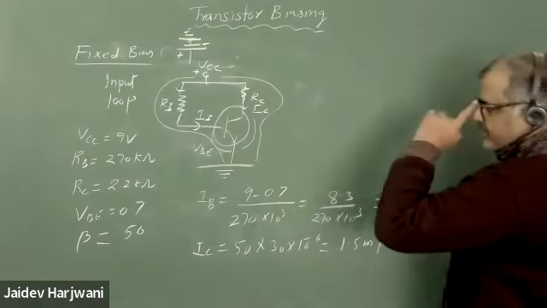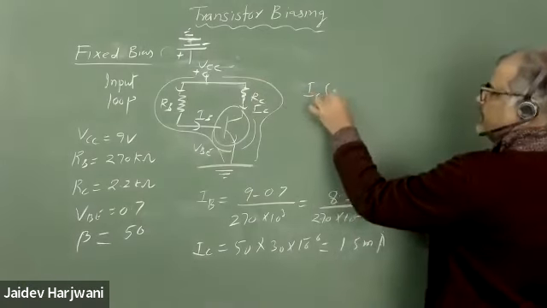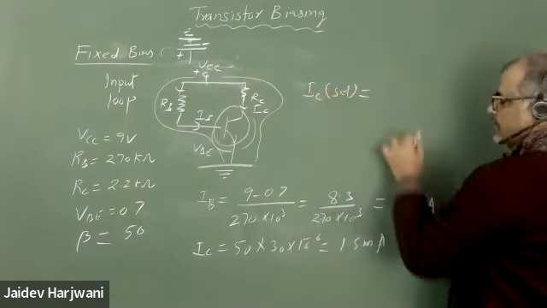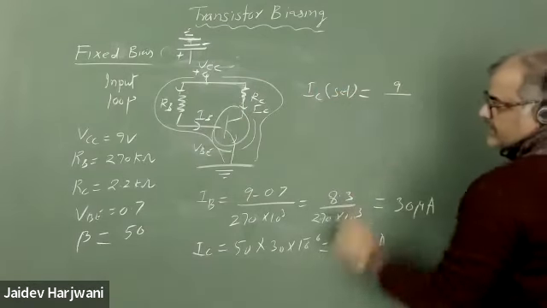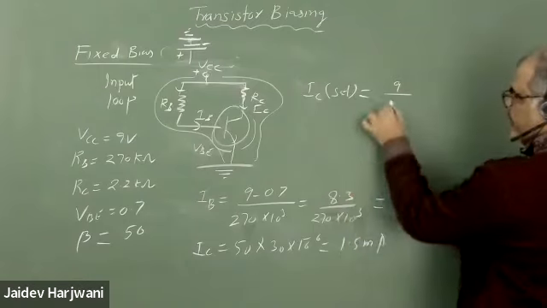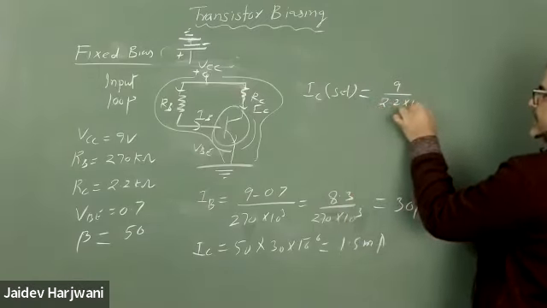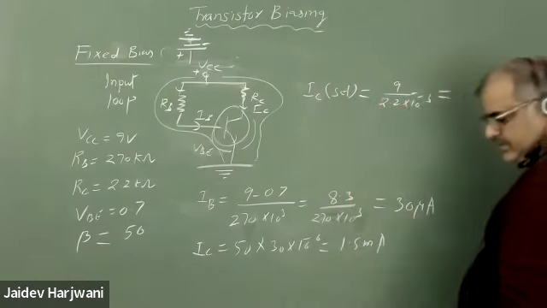You can calculate IC saturation. IC saturation is nothing but VCC upon RC, 9 upon RC. RC is your 2.2 kilo ohm. How much is coming?